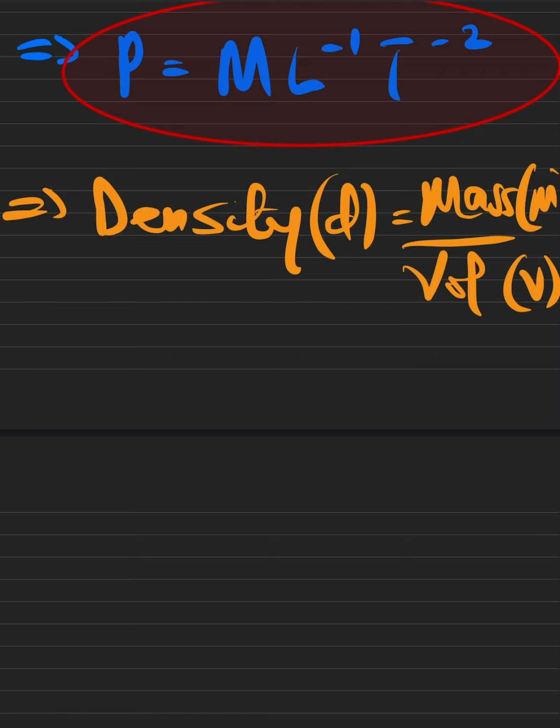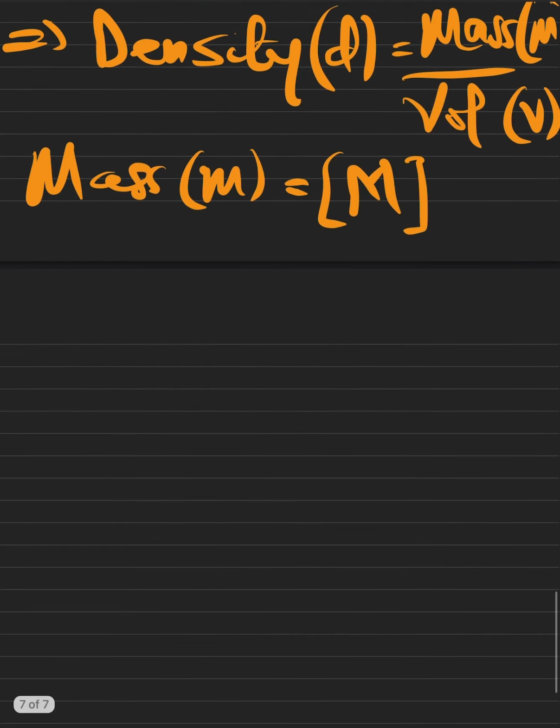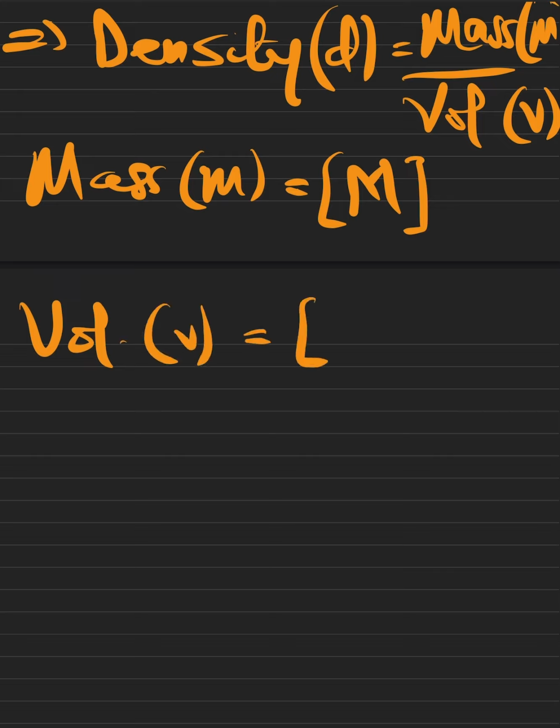The mass, the dimension is still going to be capital M. For the volume, that is still going to give us length, breadth, height, which is length times length times length. That is L cube, right?